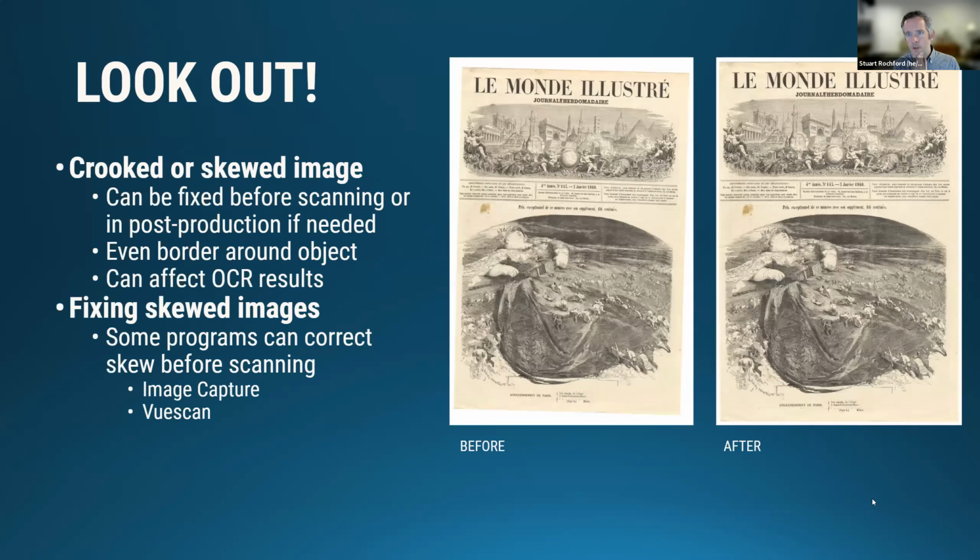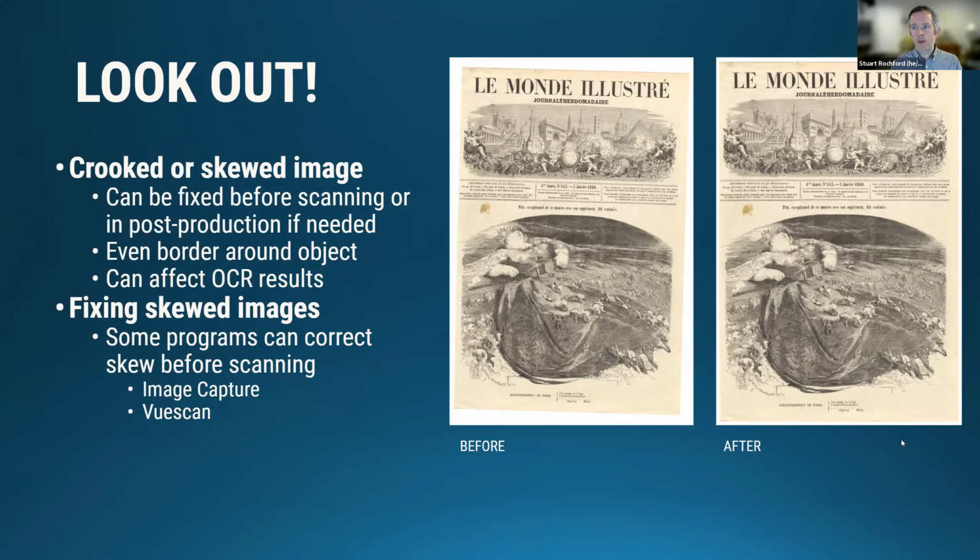Some more things to look out for. This is more about post-production, but it also is important to consider this when digitizing the material. We want to make sure that we have a straight image if possible. We have a before and after image on the right there showing what the original looked like and then what the cropped version looked like. We straightened and cropped it so that it would be more presentable to our users.